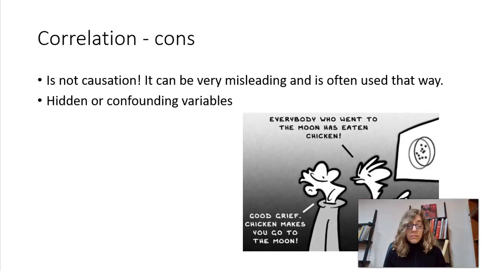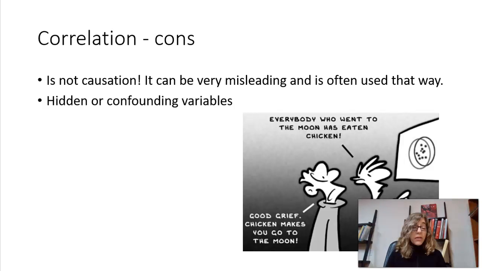And couples who don't live together before getting married, that's correlated with a lower rate of divorce. Okay, so let's jump to living together before marriage makes you get divorced. And then people jump to all these reasons why: you get tired of one another, it doesn't seem that special anymore, all kinds of things.